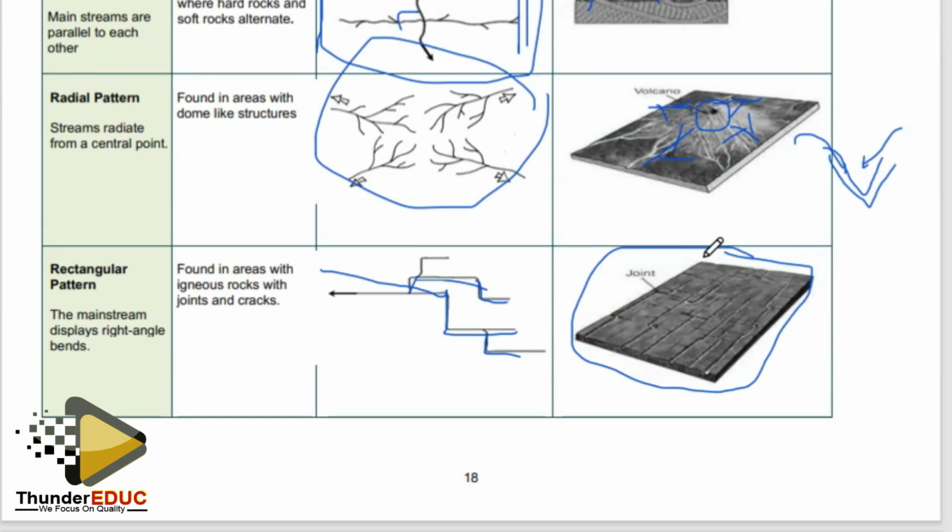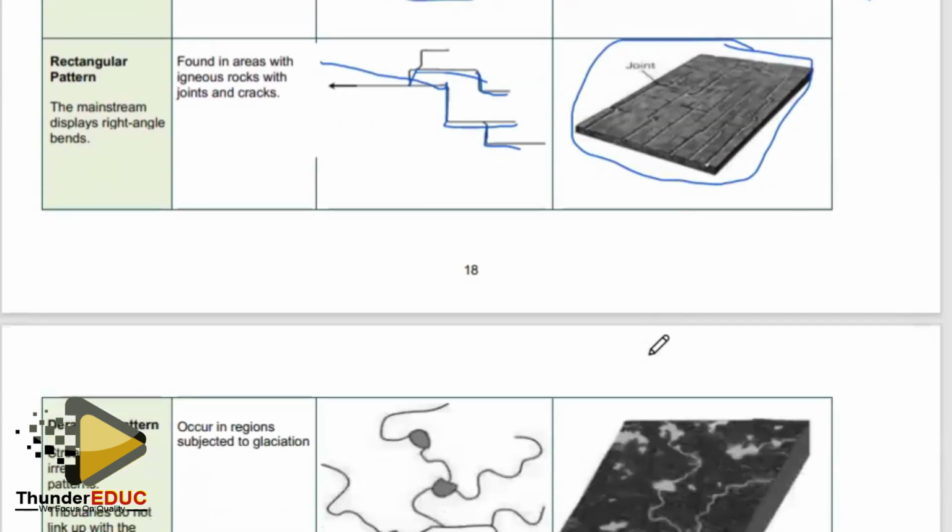So our rivers tend to flow through areas of weakness, which are the joints. The shape of the river and its direction is determined by the cracks in the underlying rocks, such that at the end we have rivers following those cracks and creating right angle bends and right angle confluences with the main streams. That is the rectangular pattern.